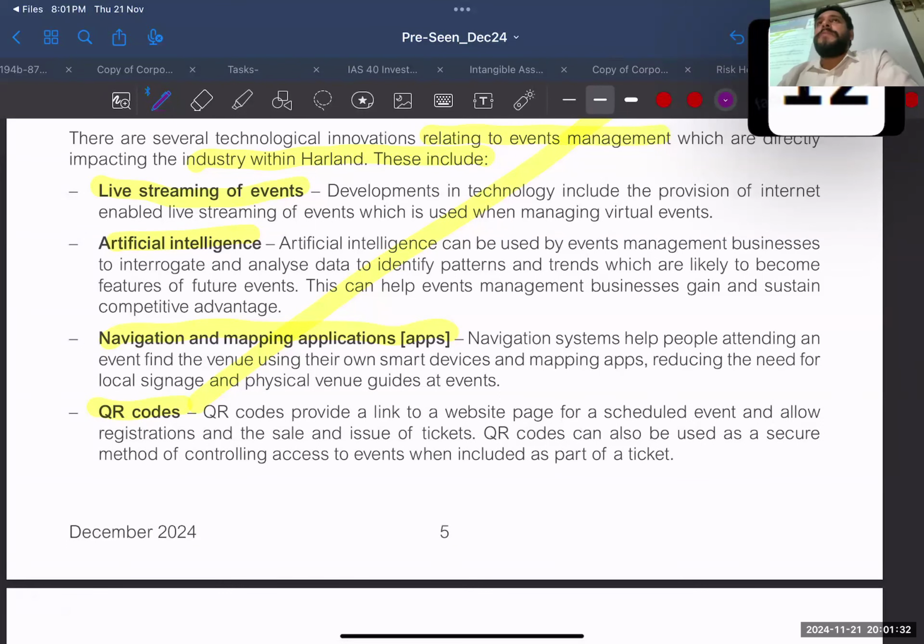Now, let me tell you one thing. I experienced this. That is why I'm telling you. In Turkey, there is a palace with the name of Dolmabahce. So when you enter into that palace, because you don't know the history of this palace, and just by looking at the rooms or the big chandeliers or swords, you won't be getting an idea of what actually is the heritage value of this specific palace.